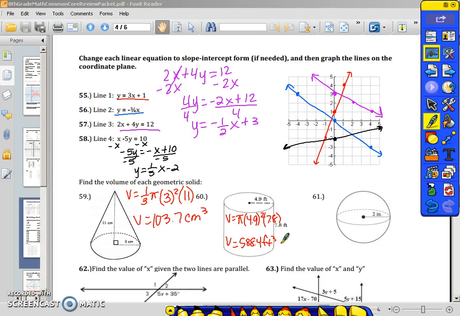For 61, to find the volume of a sphere, that is 4/3 times pi times the radius, which is half of the circle, that's 2, raised to the 3rd power. To put that into the calculator, you hit the caret symbol, the little arrow that's pointing upward, that's right by the pi button. And that gives you 33 5/10 cubic inches.